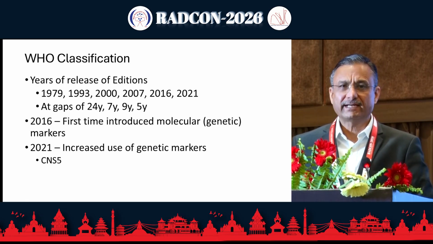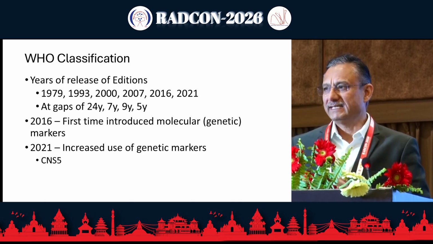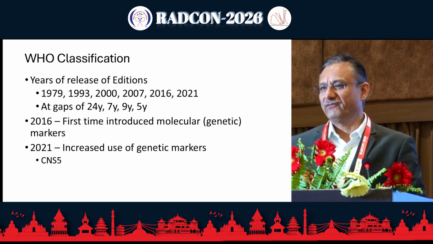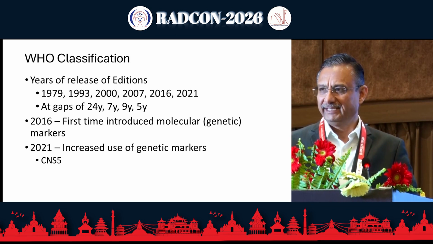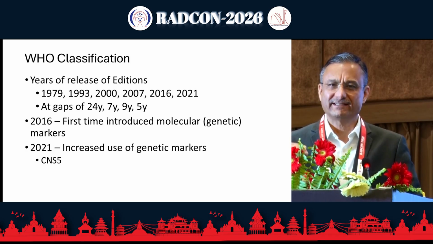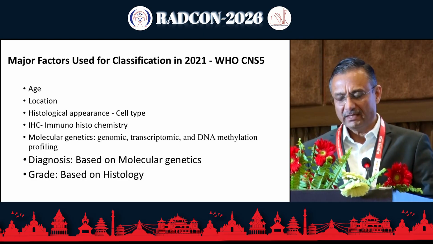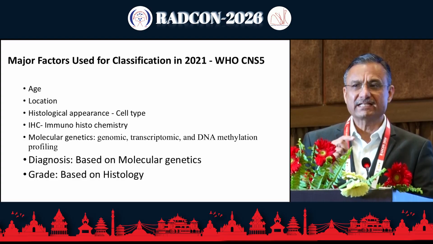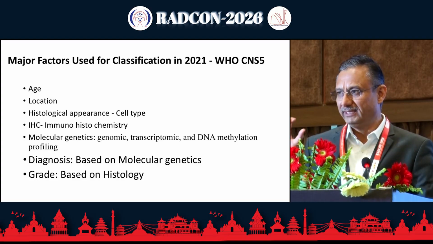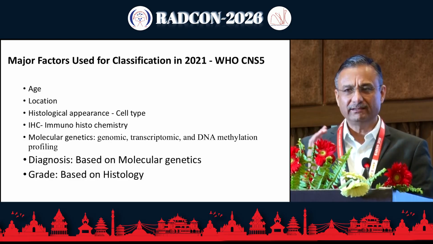The major change is that histology is important, but more important is the genetics. If the molecular genetics says that this is what it is, that is what it is. So the diagnosis is based on molecular genetics. The grade is based on histology, even when the diagnosis is by molecular genetics. So histology is still the foundation.